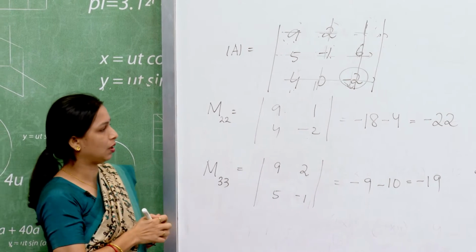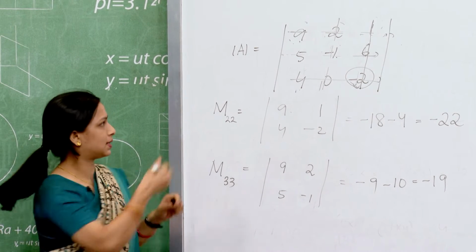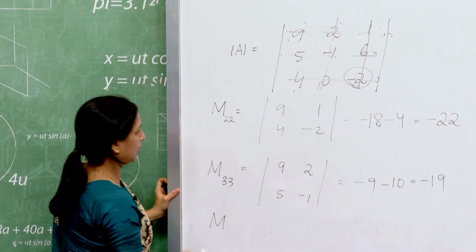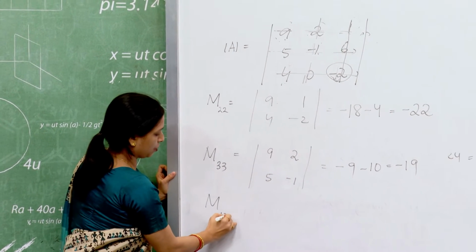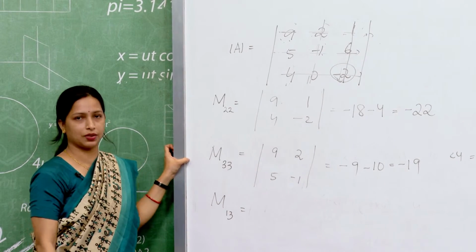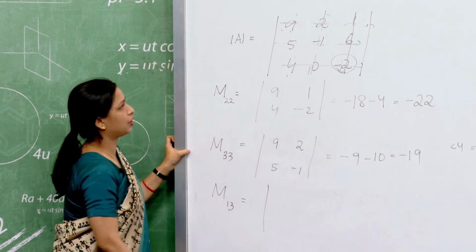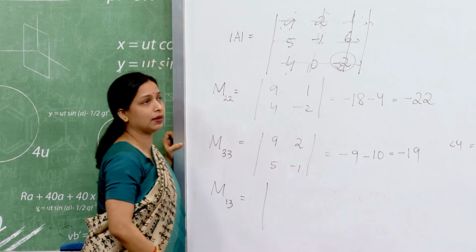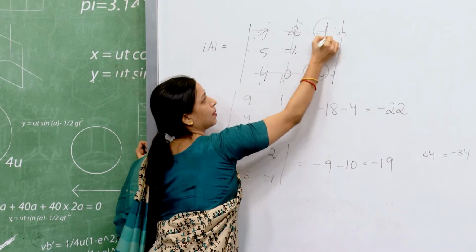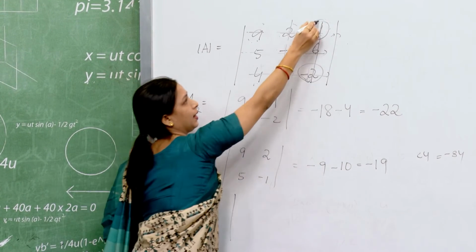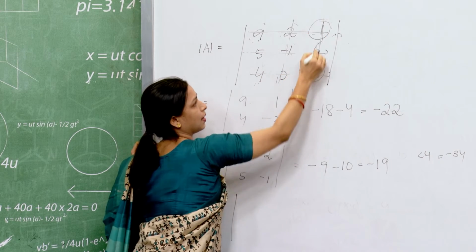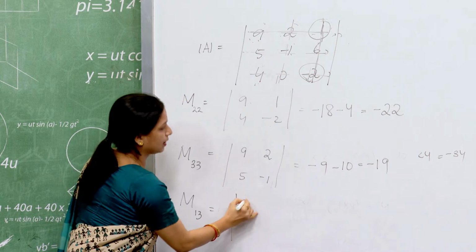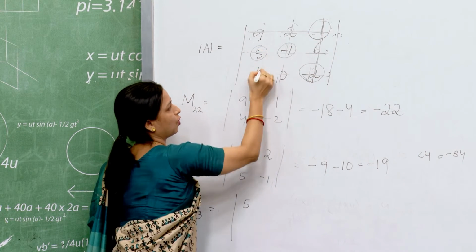Okay. So, now let us take another one, let us say M21 or M13. M13 means where? Row 1 and column 3, that means this one. So, I delete the row and the column in which it exists and the resultant are these 4 elements.